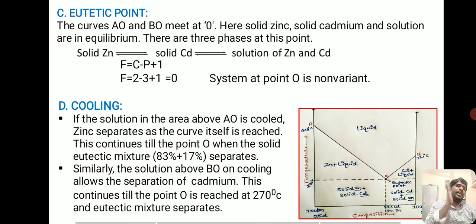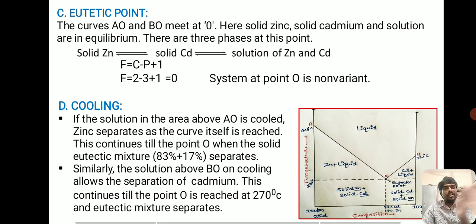Coming to the eutectic point. What is this eutectic point? The curves AO and BO meet each other at O. Here solid zinc and solid cadmium and solution of cadmium and zinc are in equilibrium. These three are in equilibrium. So there are three phases at this point.